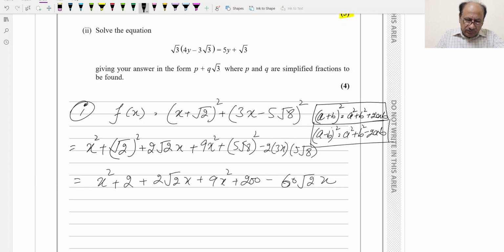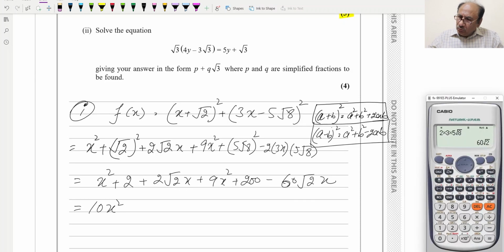we can combine the like terms, so this will be 9 plus 1 will be 10x squared, and we can add these two terms. Basically this will be 2 root 2.